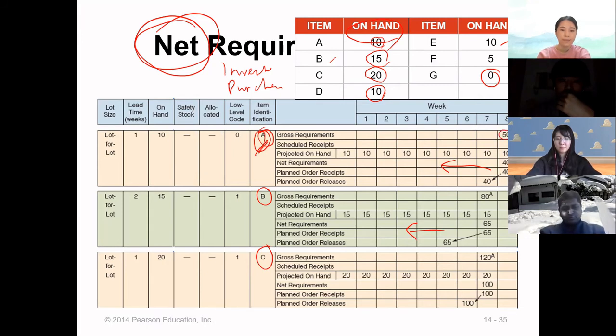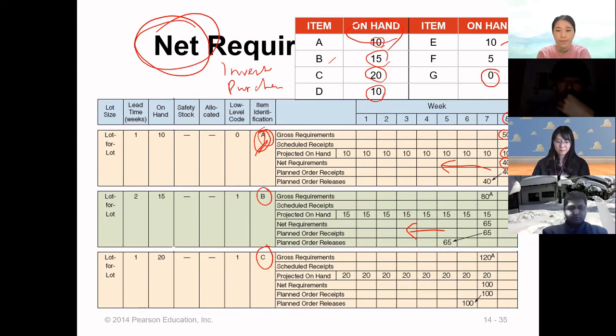We did 50 at week 8, okay? But I have 10 inventory. So assuming this is just 10 all the way through, 10 inventory on hand. So the net requirement is only 40. So I don't need to produce 50.